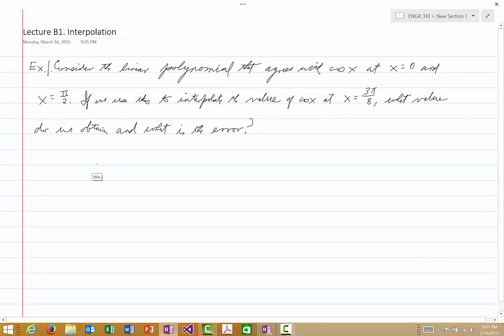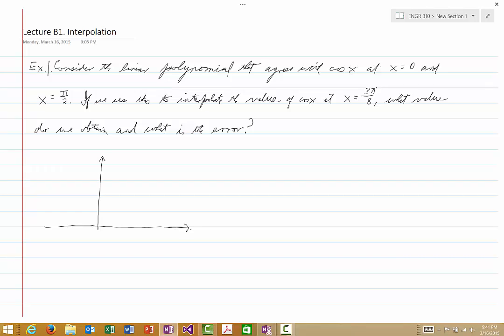So the idea here is, let's think about it for a moment. Let's suppose that we didn't know that this unknown function is cosine x. We don't know that it's cosine x. All we know is the value of the function at x equals 0 and x equals pi over 2.